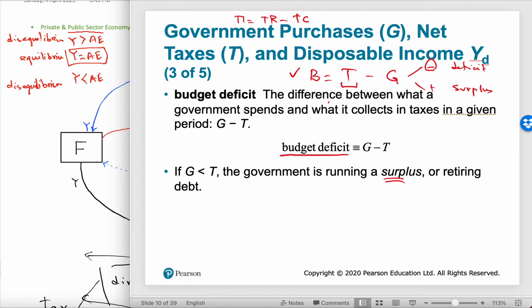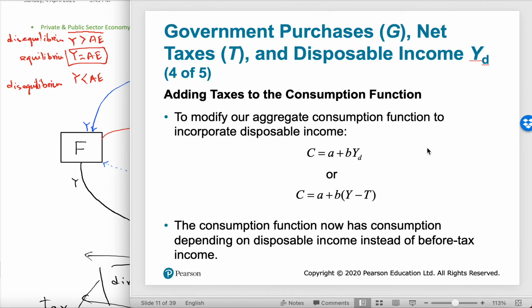So they collect money from the people and they spend for the people, and collectively it might be equal to zero, balanced, or it might be negative, deficit, or surplus. All possibilities might happen, which I just explained.